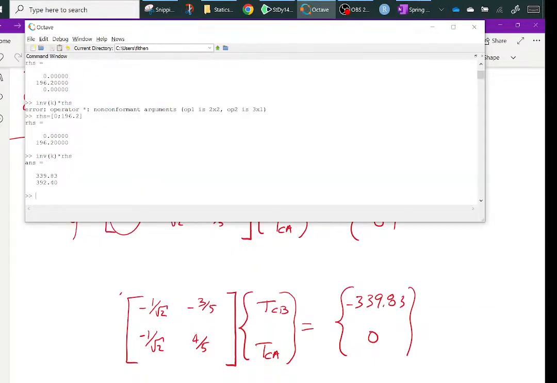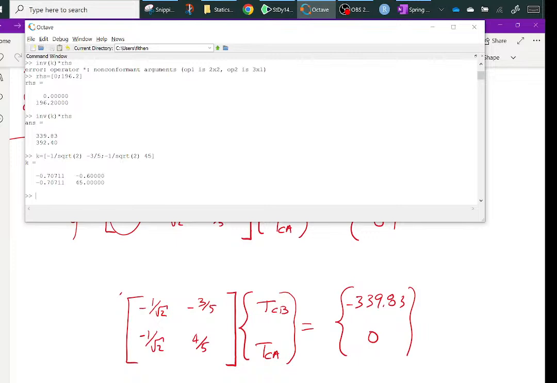Okay. So the K over here is going to be a little bit more difficult to put in. 1 divided by square root of 2 and then minus 3/5, minus 1 divided by square root of 2 and then 4/5, and hopefully I typed it in correct. Good grief. Why did I put in a 45? Oh, 4 divided by 5. Sorry about that.